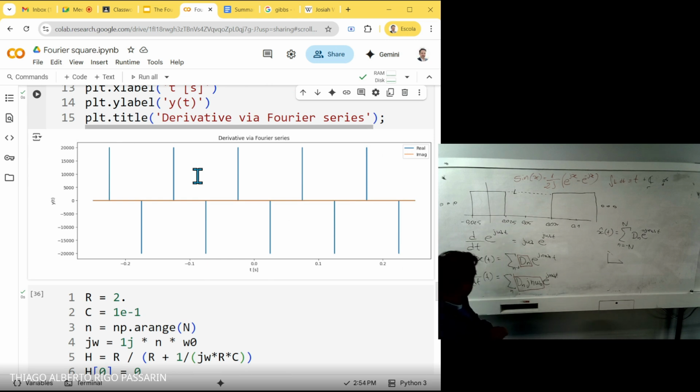So we saw the Parseval's relation for this example. We took advantage of the fact that these guys are eigenfunctions for the derivative.